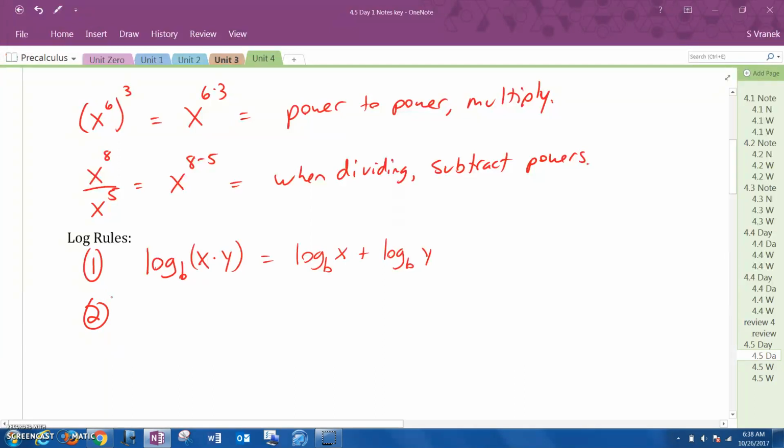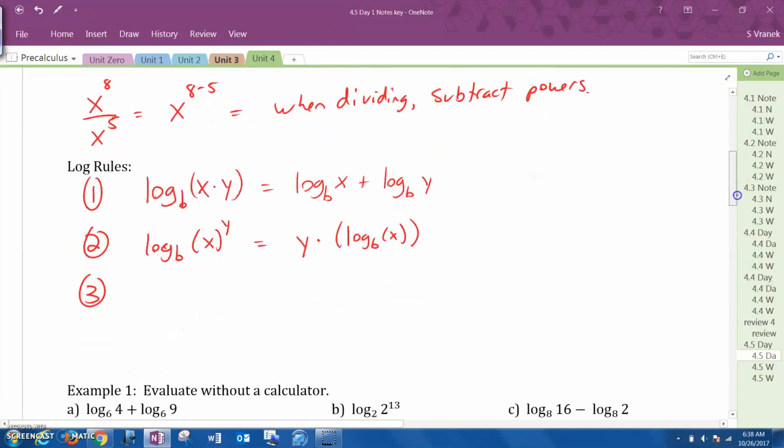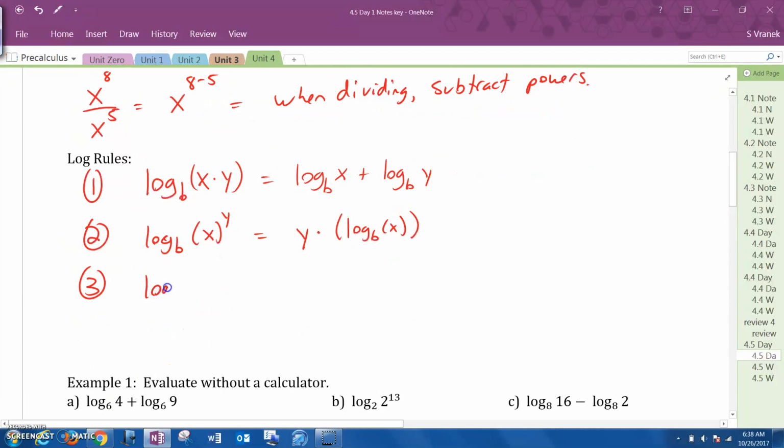So log base b of x to the y turns out to be y times log base b of x. You bring it down in front. And finally, with division, log base b of x over y turns into log base b of x minus log base b of y.